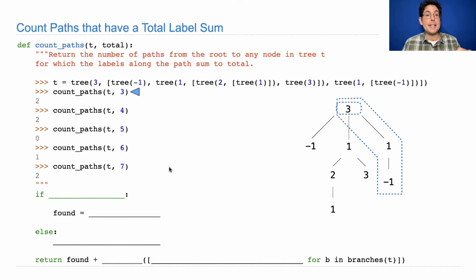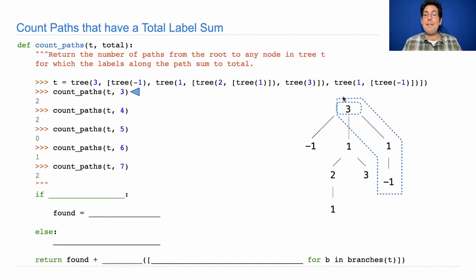Paths that end at the root of t, and paths that end somewhere below it in one of the branches. How many paths could there be that end at the root of t? Well, there could be 1, or there could be 0. 1 if including this label at the root reaches the total, and 0 if it doesn't.